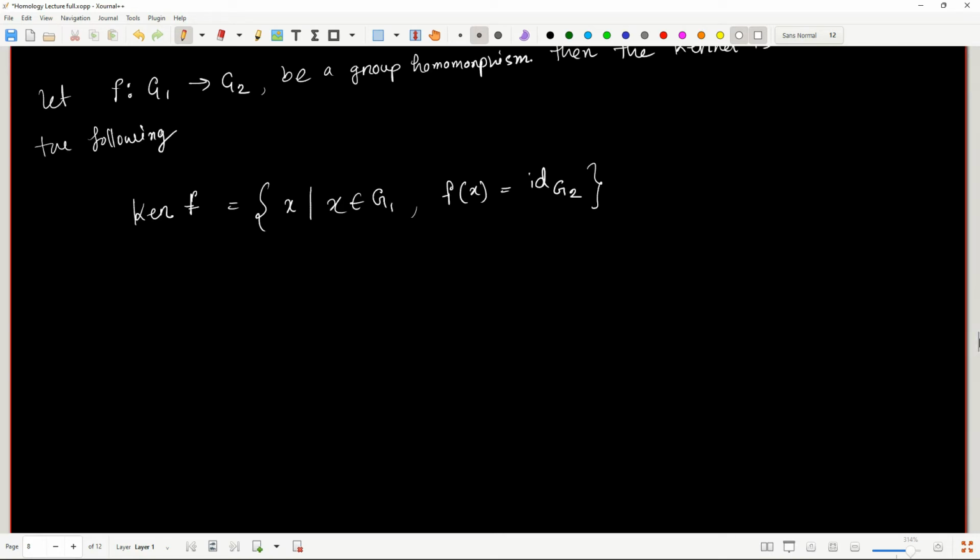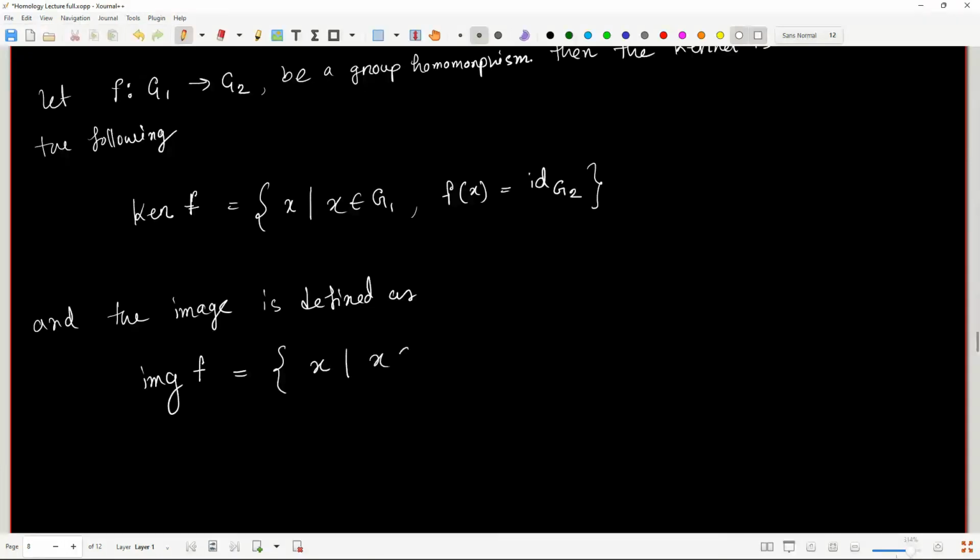And now we talk about the image, and the image is defined as img. That means the image of F is some X where X belongs to F of G1, which is a subset of G2.